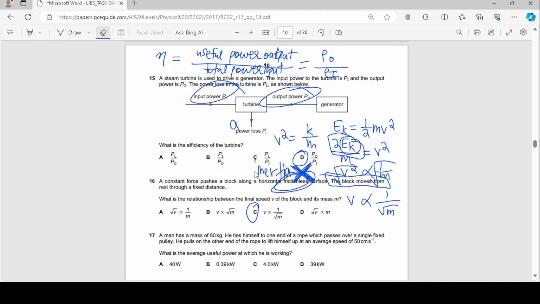But then it is a horizontal frictionless surface though. So if it's frictionless, you wouldn't have loss of kinetic energy, would you? I think. This is just proving to me how much I've forgotten about basic physics.